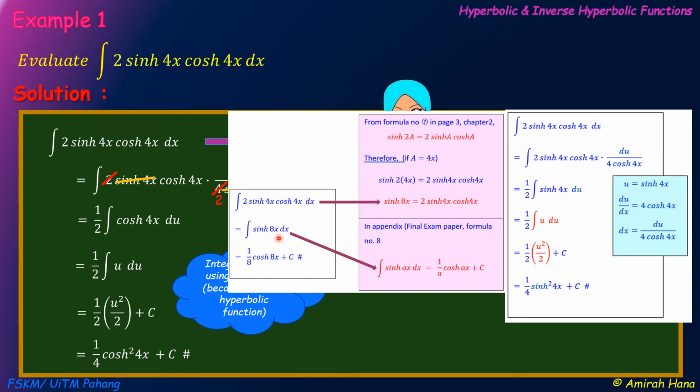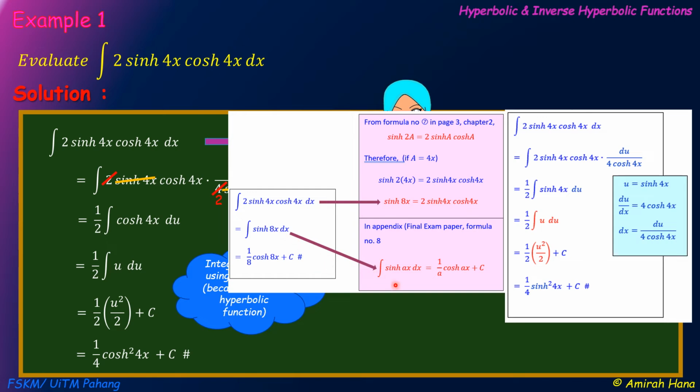So from here, we can straightforwardly refer to the appendix in the final exam paper. Formula number 8: integration of sin ax dx equals negative 1 over a cos ax plus c, where a is a constant.